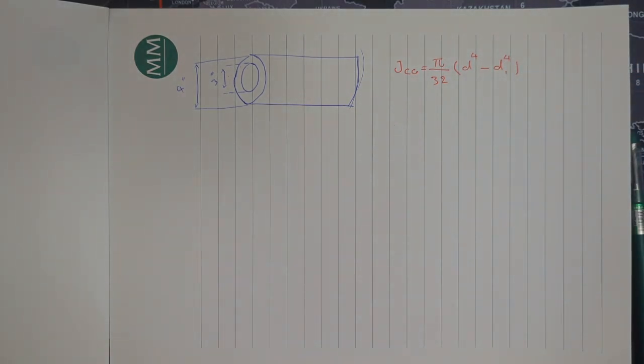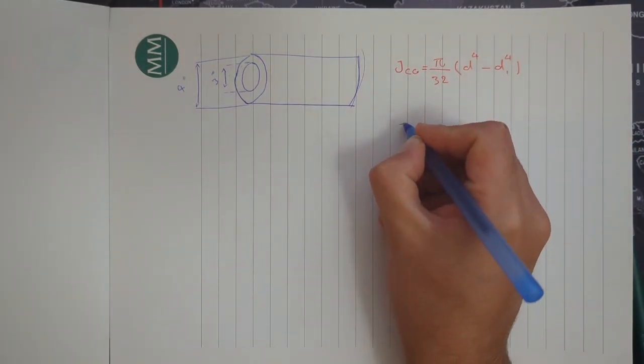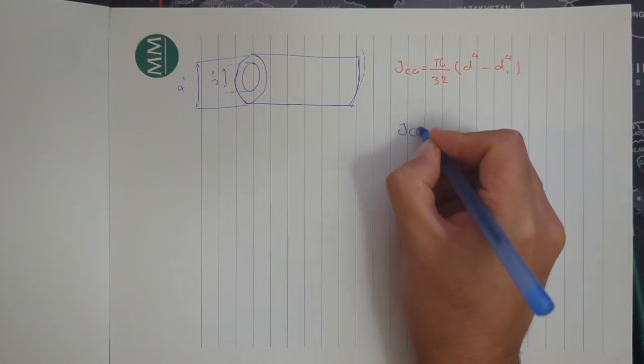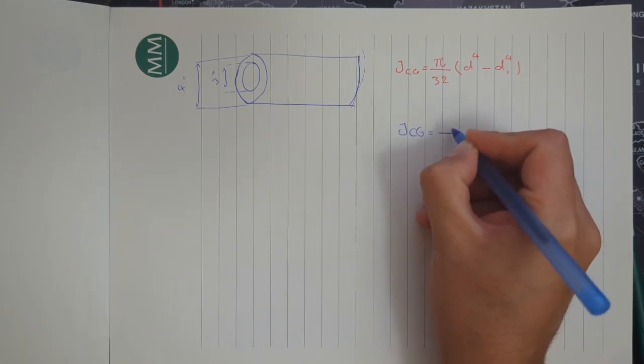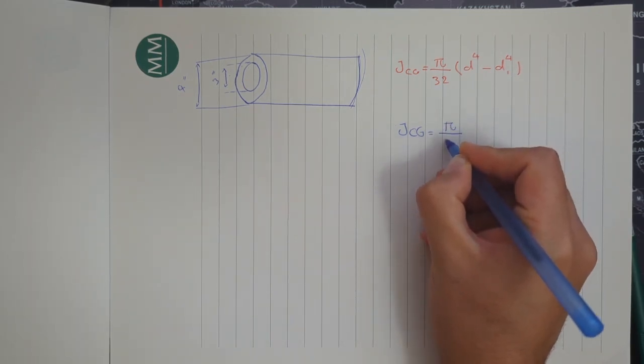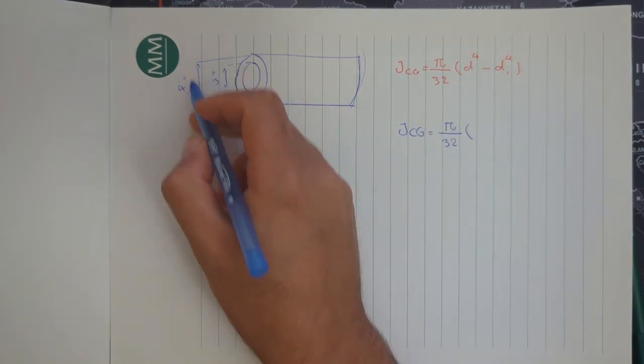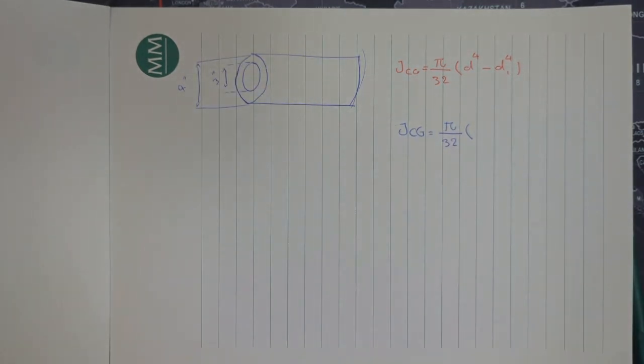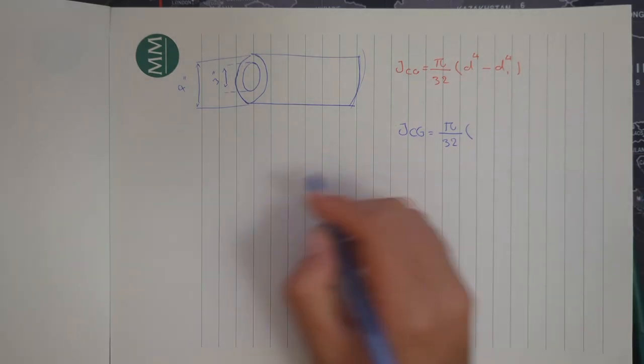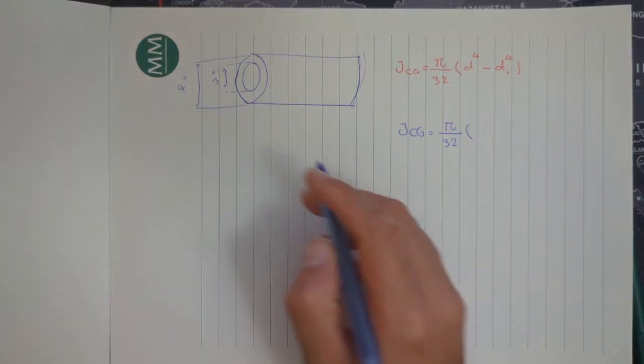So let's see what we have here. JCG equals pi on 32. What's our D? D is the outside diameter.